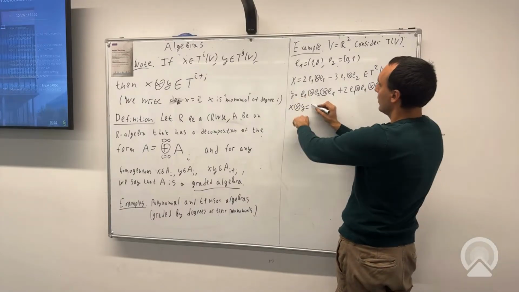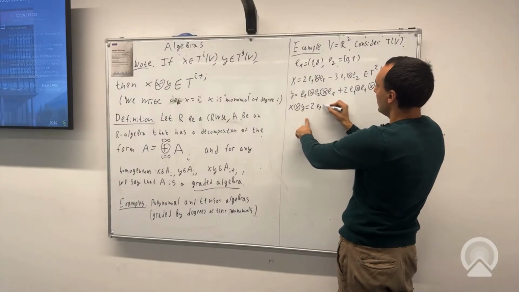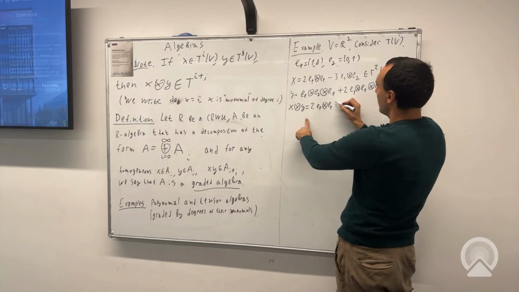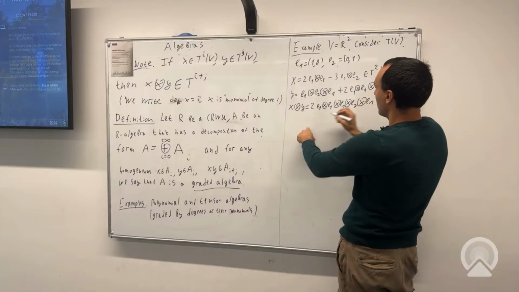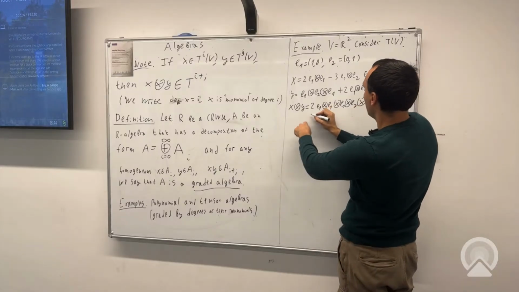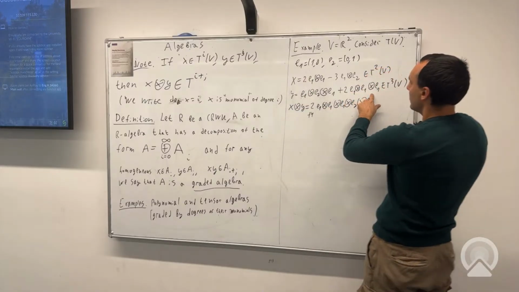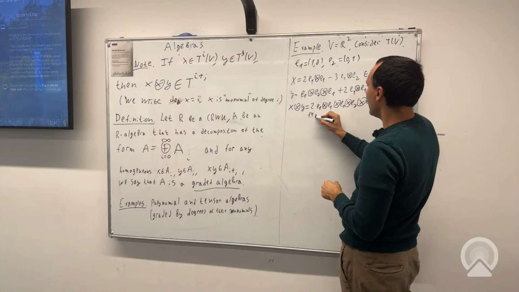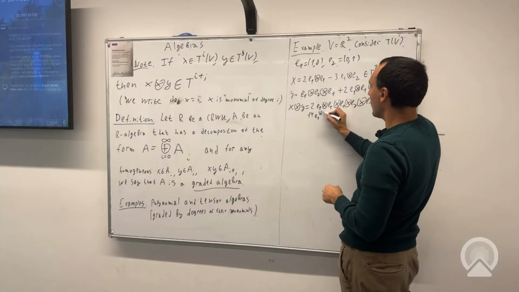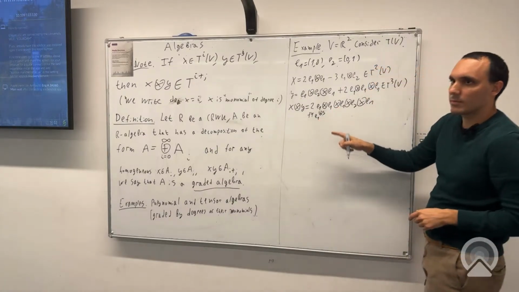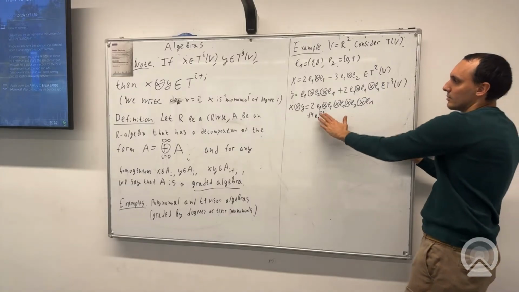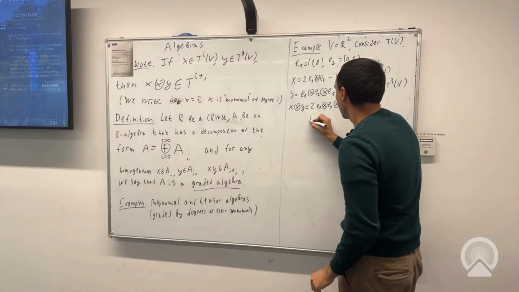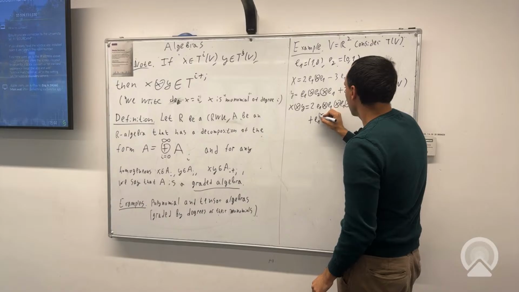So we have 2 times E1 times E1 times E1 times E2 times E1, plus 4 times this by this. Let's call it T to the 5th power: E1, E1, E1, E1, E1, which is E1 to the 5th power.